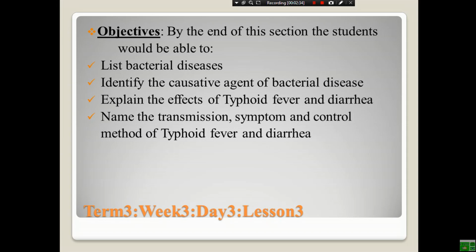The objectives: by the end of this section, the students will be able to list bacterial diseases, identify the causative agent of bacterial disease, explain the effects of typhoid fever and diarrhea, and name the transmission, symptoms, and control methods of typhoid fever and diarrhea.